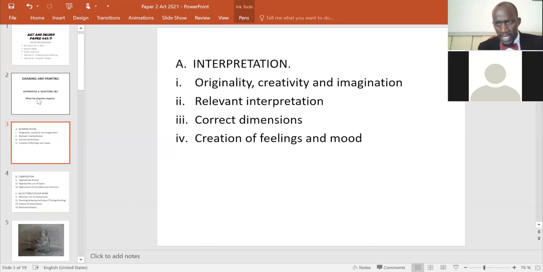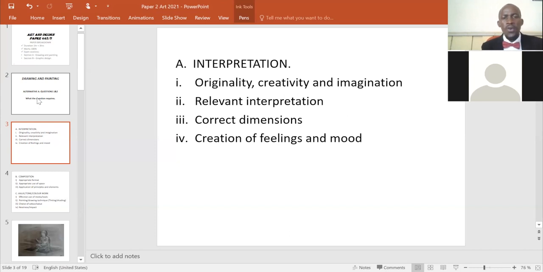You are given the working area, the size A2 paper, but then you cannot do a composition in the entire page. You are required to limit yourself to a specific workspace.